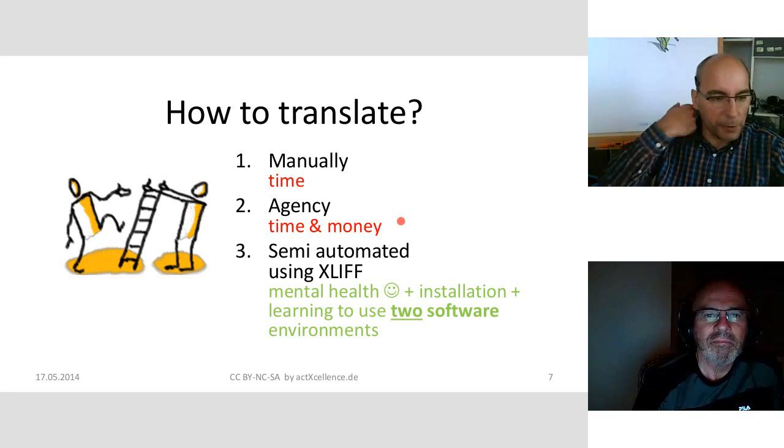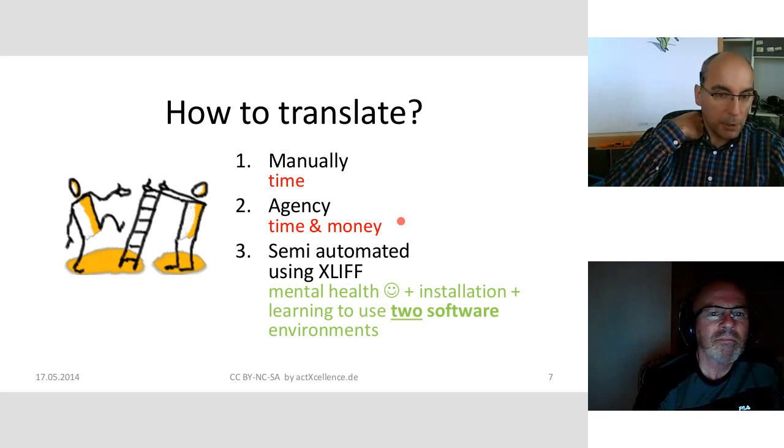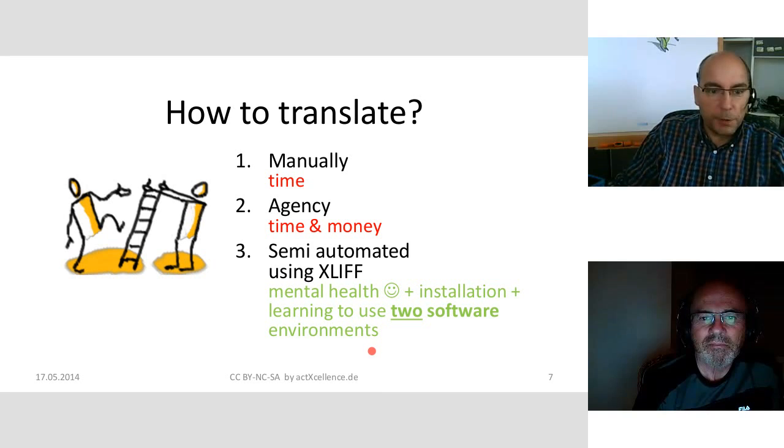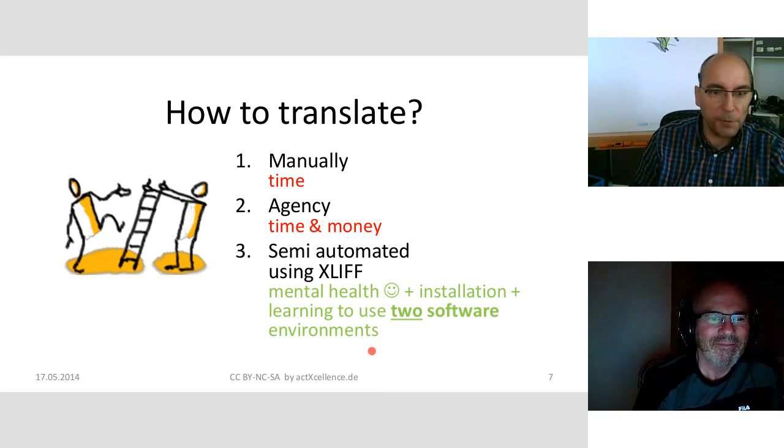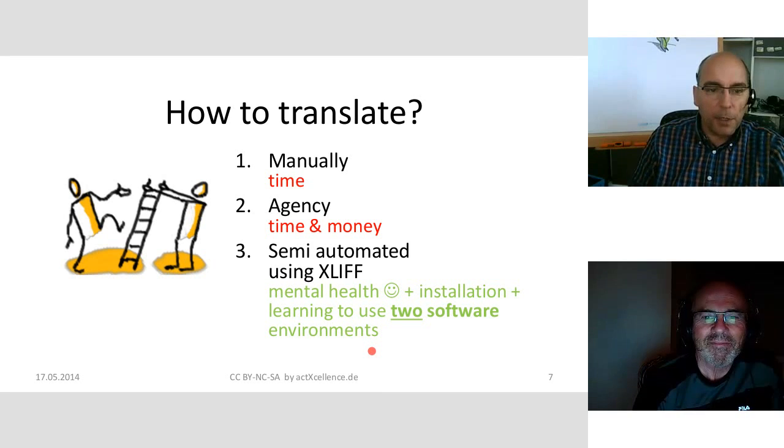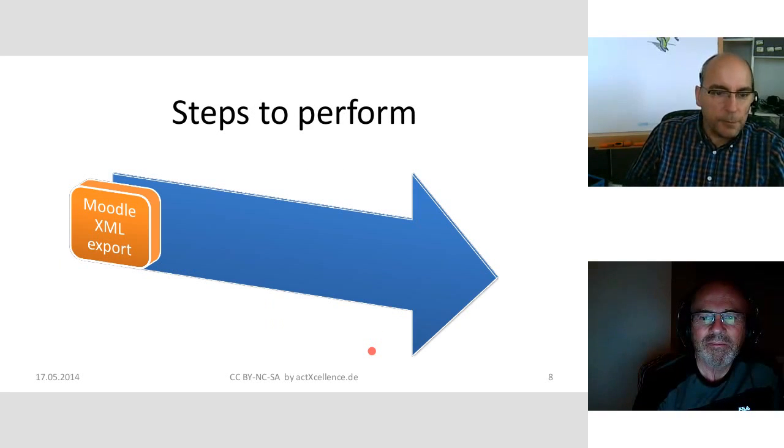If you ask an agency, it doesn't get much quicker because the response time of the agency can be long, and it costs money. And if you use XLIFF, you risk your mental health maybe because you have to install so many software. And you have to learn two software environments additionally to Moodle.